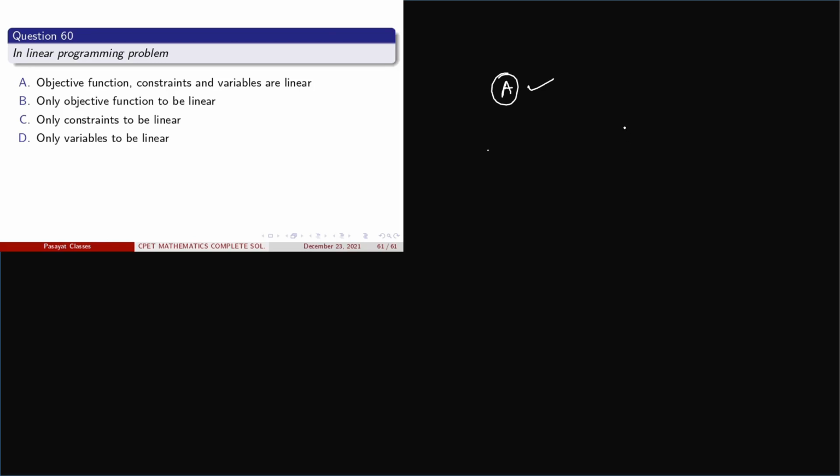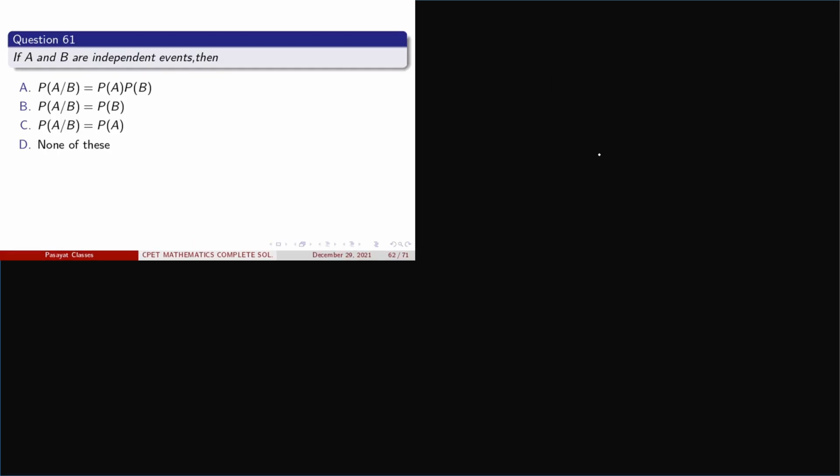So the question 61. Here if A and B are independent events, then probability of A given B is how much?